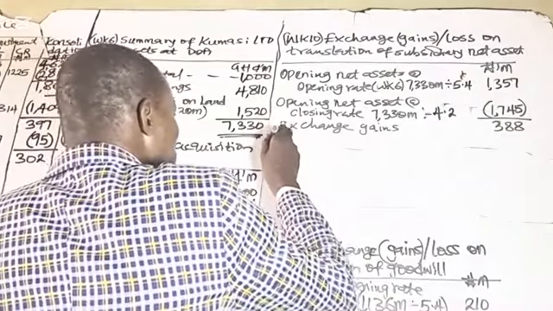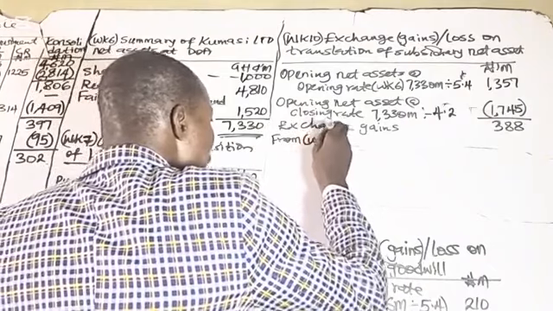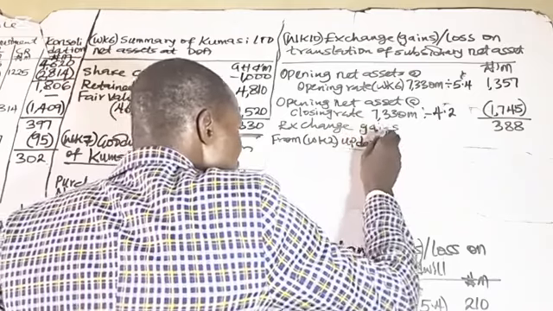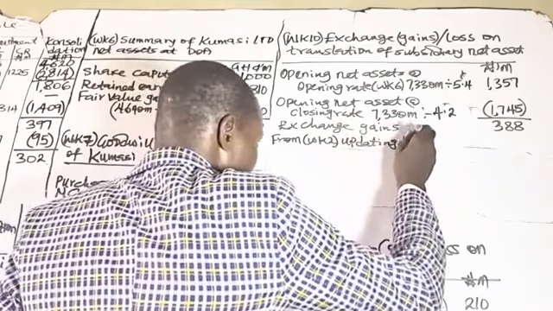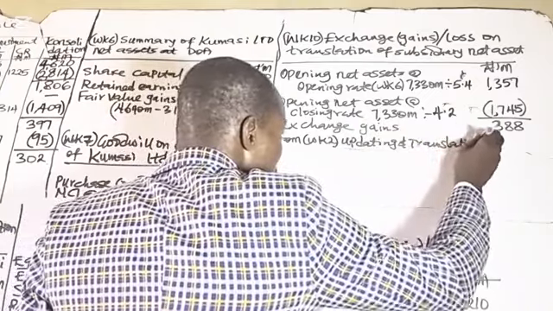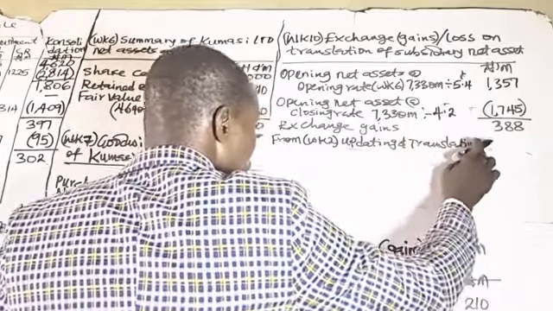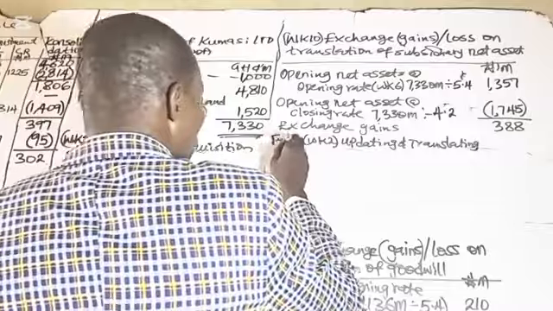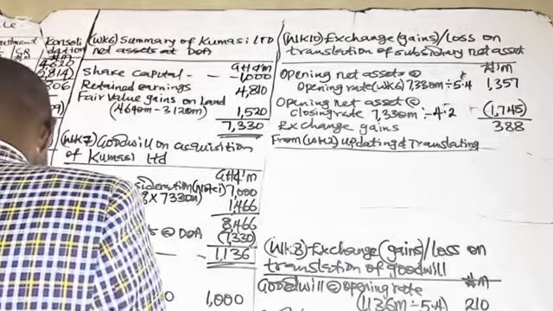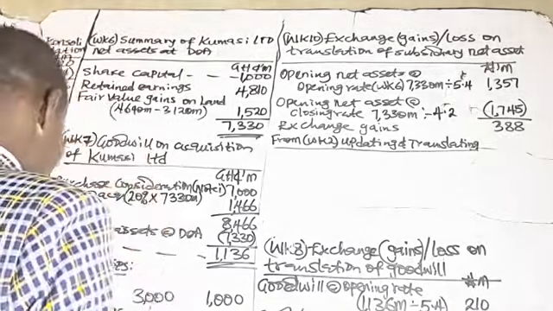From working 2, where we did updating and translating of subsidiary statement of profit or loss, we got loss of 1,859.